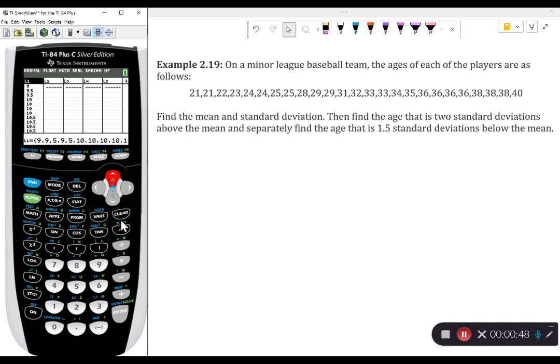If you have data values in your calculator already, the easiest way to clear them is by pressing up, highlighting L1, pressing clear, and then pressing back down.